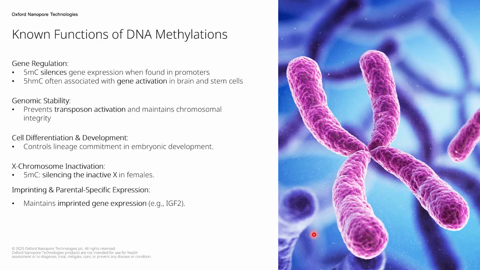And of course, this can also play important roles in uncovering the basis of a disease, especially where maybe there's not a clear structural variant present. You might find a methylation pattern that hints at why a certain condition arose, even when you might have a healthy copy of a gene on one of the chromosomes. They might be silenced.